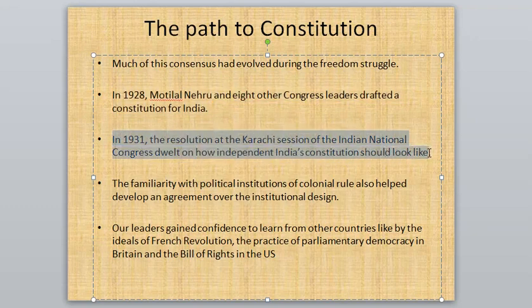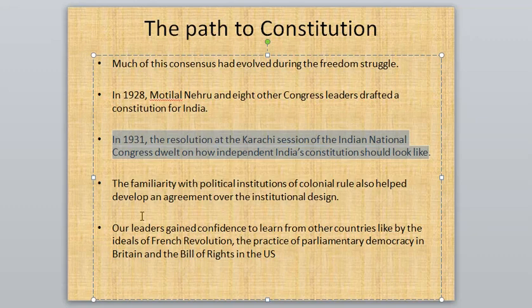In 1931, the resolution at the Karachi session of the Indian National Congress also dealt with how the Indian constitution should look. So unlike South Africa, we already had advantages in making an Indian constitution in a good way, because in 1928 we drafted the constitution of India, and in 1931 we also had the resolution on how the independent India's constitution should look. Those are the positive points.